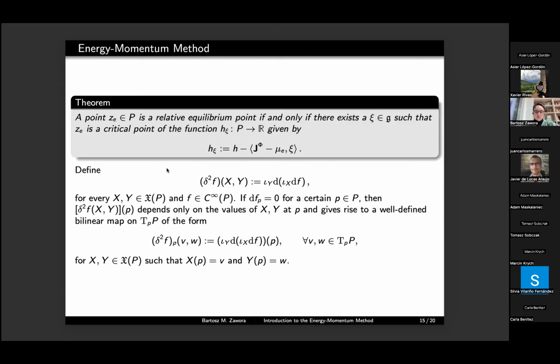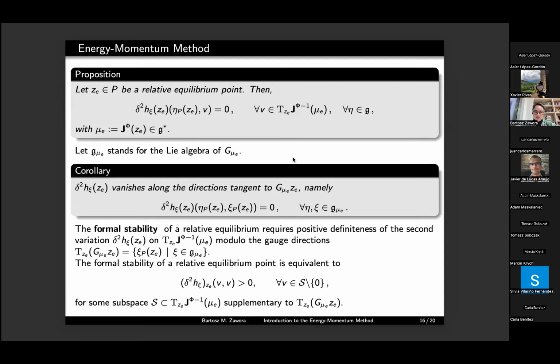We know how to find the relative equilibrium points using these functions. So we want to show that we can also determine whether a relative equilibrium point is stable or unstable, also using this extended Hamiltonian function. And indeed, this is the case, but we need to consider the directions.